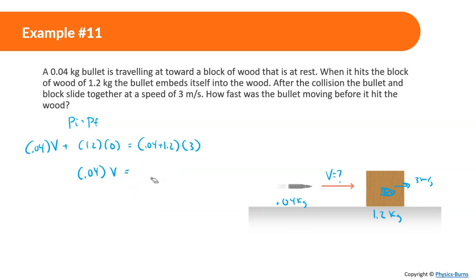Okay, 1.24 times 3 is 3.72. So I'm just going to do 3.72 divided by 0.04, and we get velocity is equal to 93 meters per second. So that's how fast the bullet was going before it hit the block.